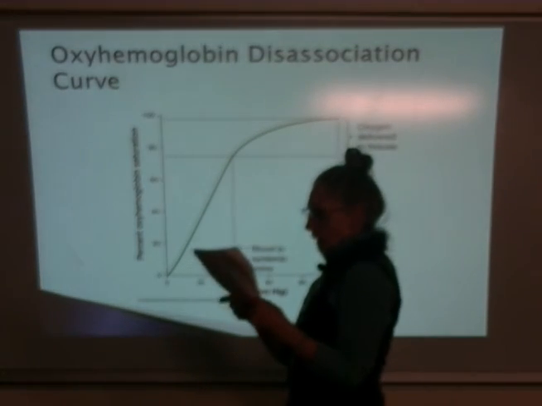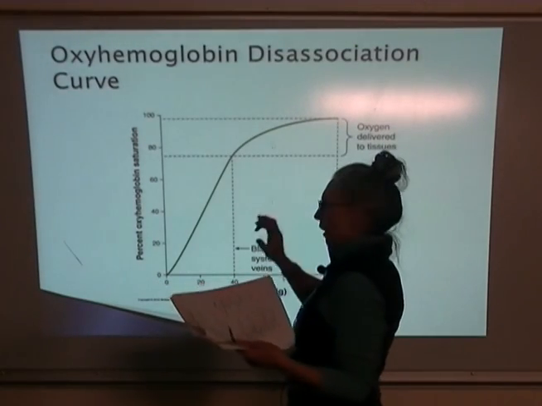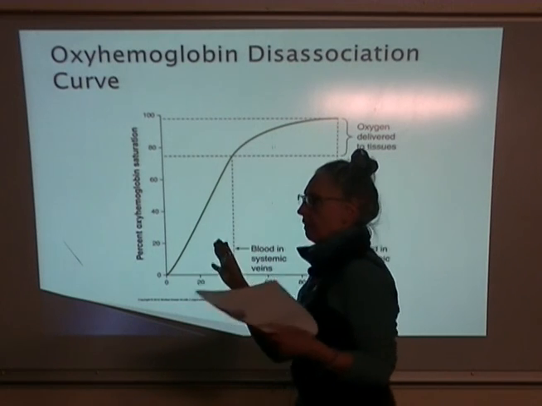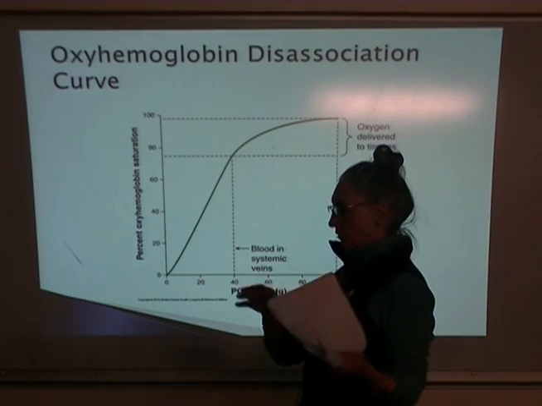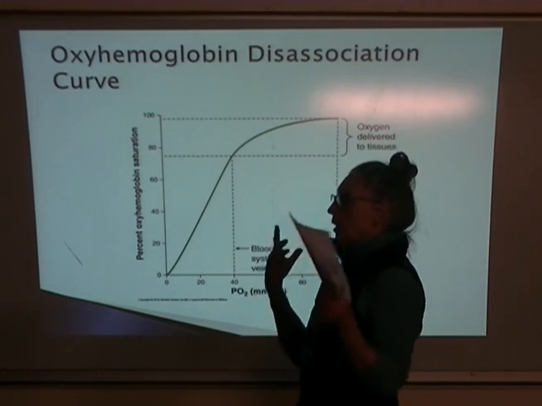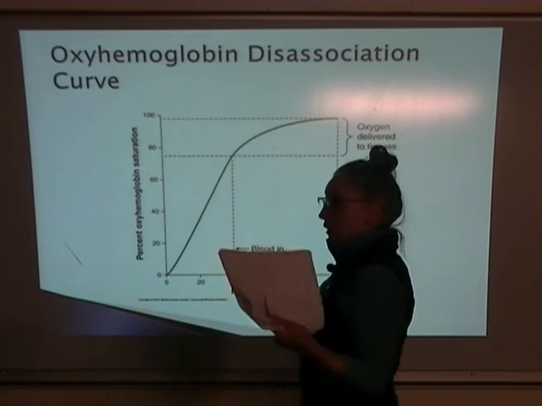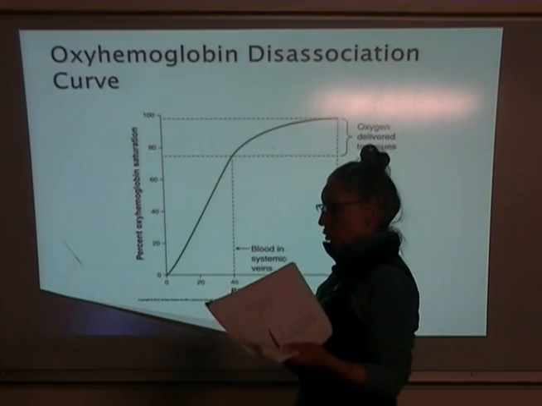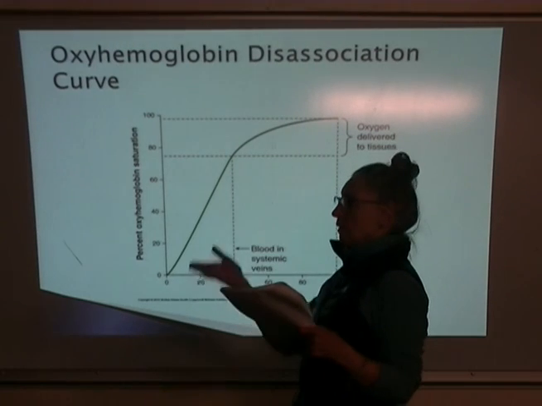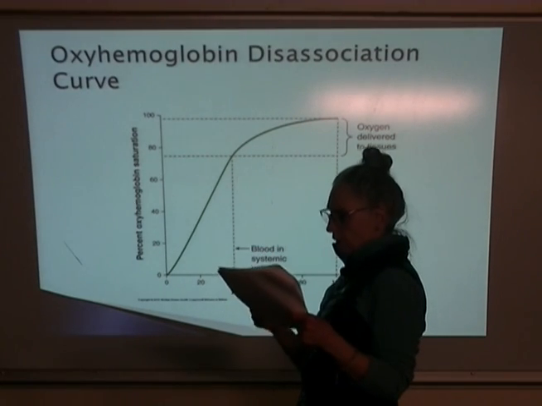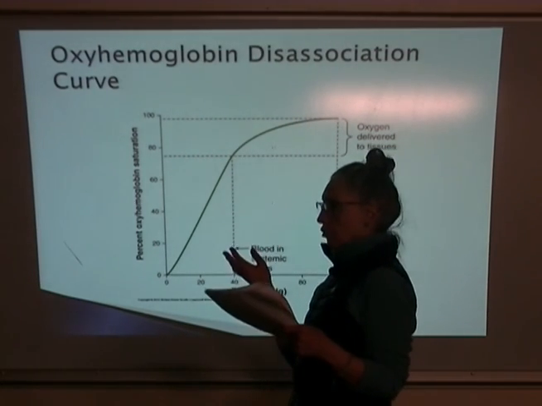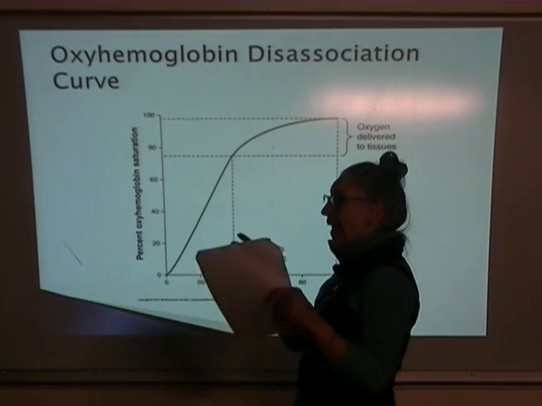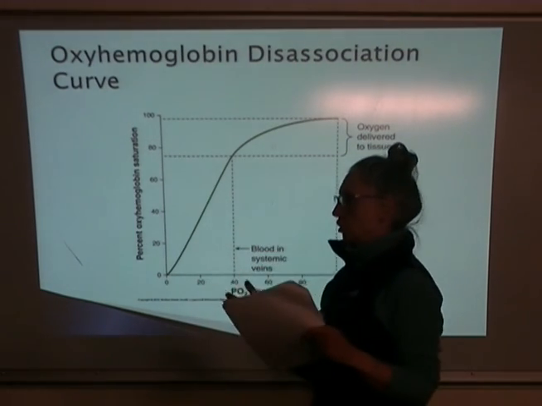So we're just going to concentrate on the temperature effect and the pH effect. And the big picture is that active muscle tissue has an increase in temperature and an increase in hydrogen ions, and that benefits oxygen delivery.